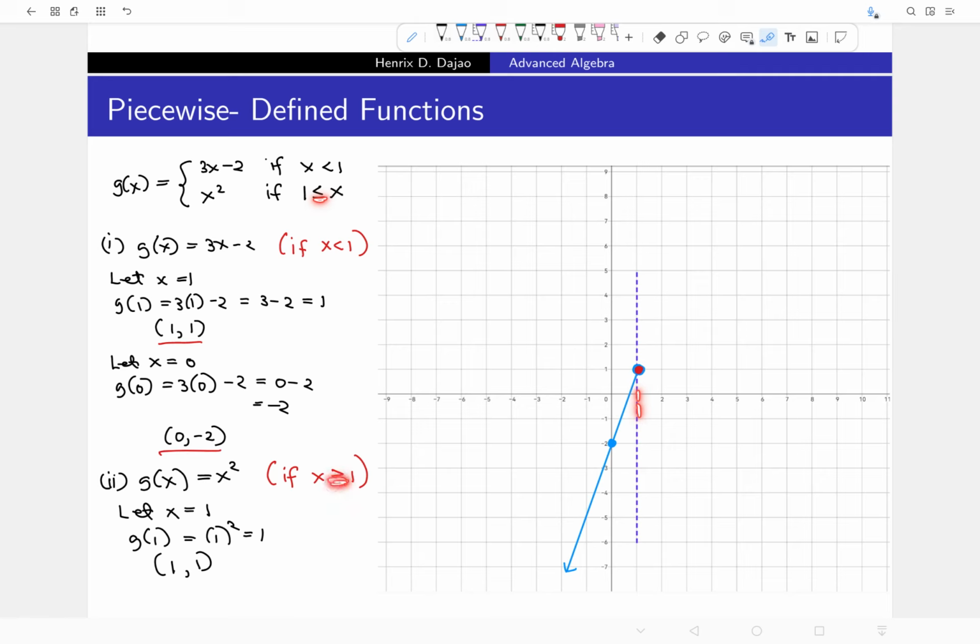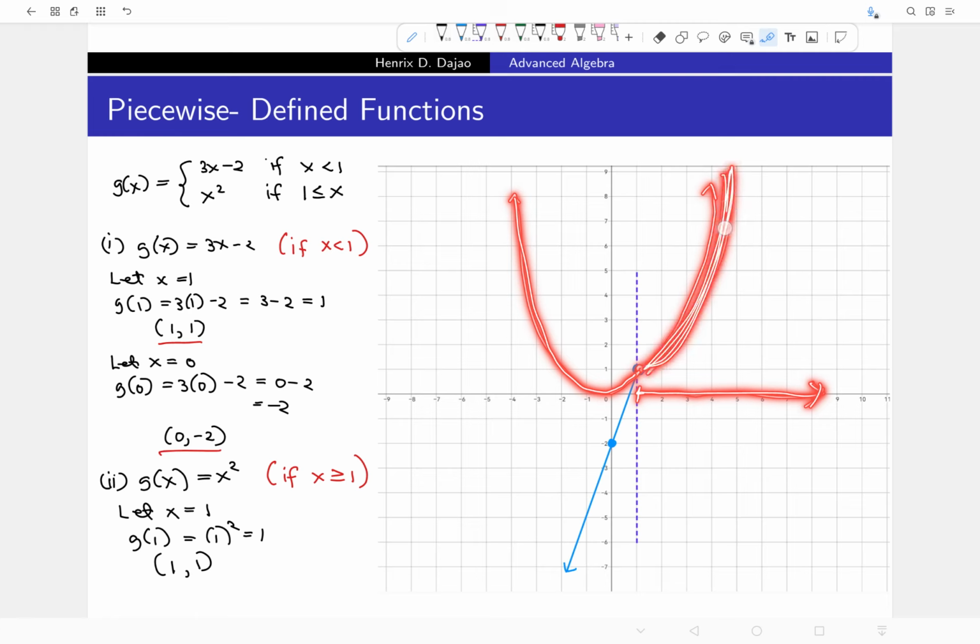So which means 1 is already included in our domain. Meaning you start from here and then you draw something like this, a curve. Since this is the graph of x squared if your domain is all real numbers, and we are only considering all those numbers from 1, including 1, up to positive infinity, we are only to consider this part of the graph. So let's erase this one.